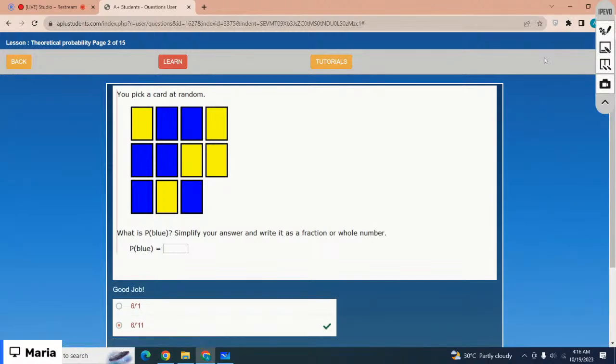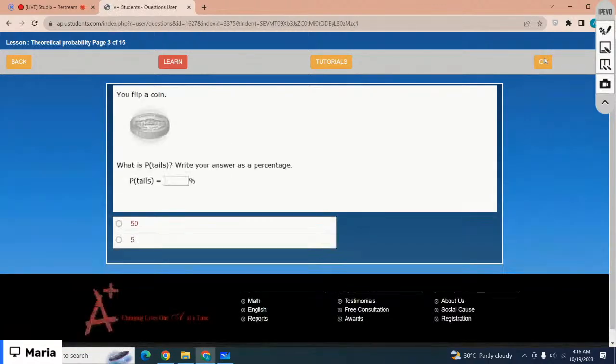Okay, you flip a coin. What is the probability of tails? Write your answer as a percentage. So, which is the correct option?